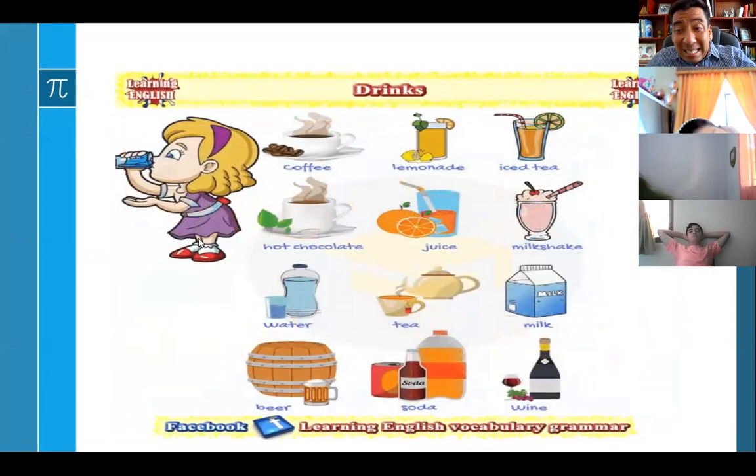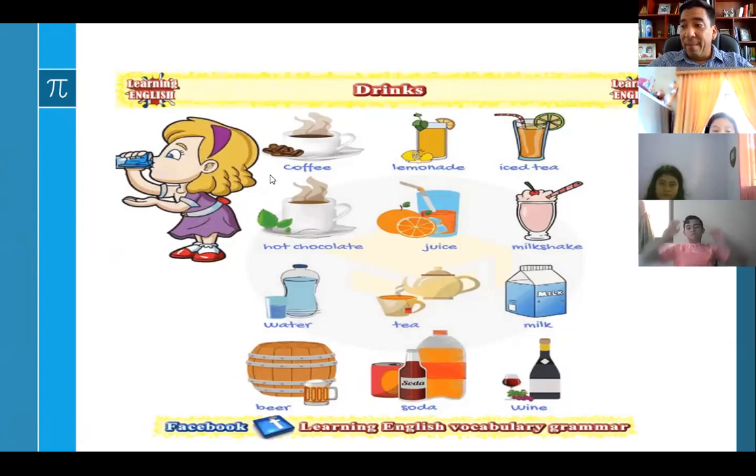what about the drinks? Drinks is another group of food. Okay? So, for example, you have a coffee, you have the lemonade, you have the iced tea. You know the iced tea, the tea with ice. Okay, we have the hot chocolate, we have the juice, we have the milkshake.